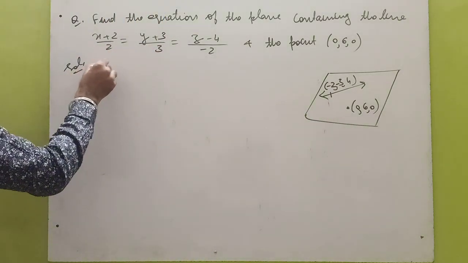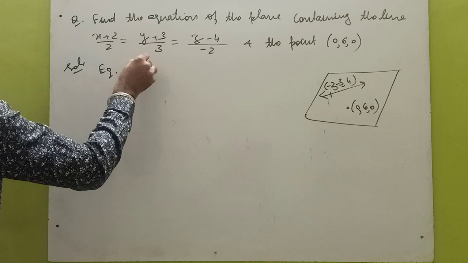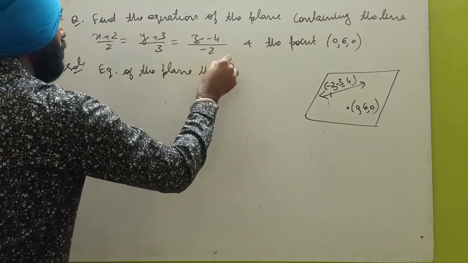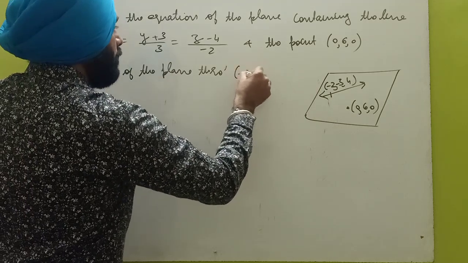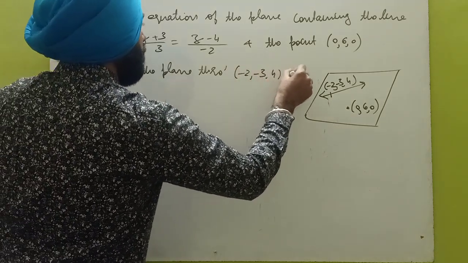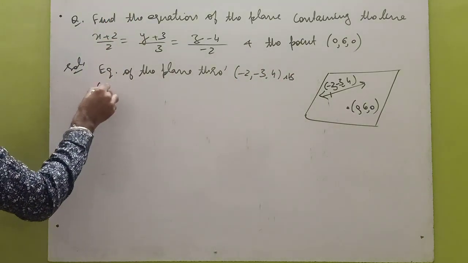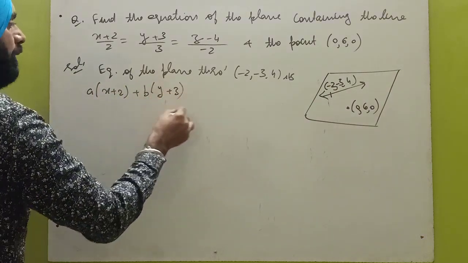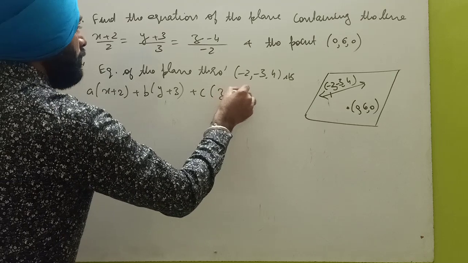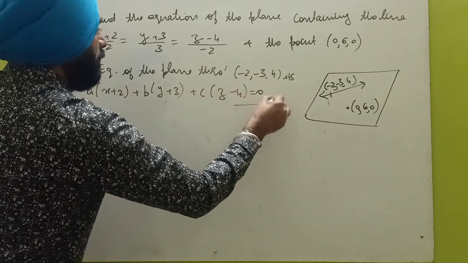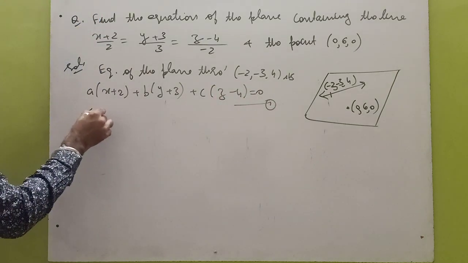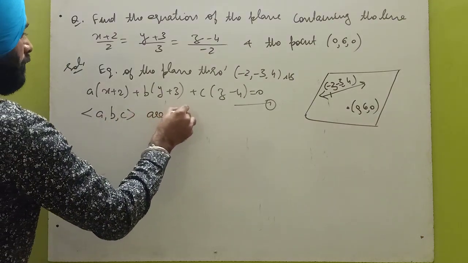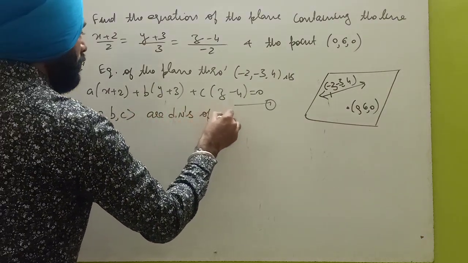So use any point. Equation of the plane through, let us take this point (-2, -3, 4), is a into (x minus x1) plus b into (y minus y1) plus c into (z minus z1) equal to 0. Let us take this as number 1 equation, where a, b, c are direction numbers of the normal to the plane.